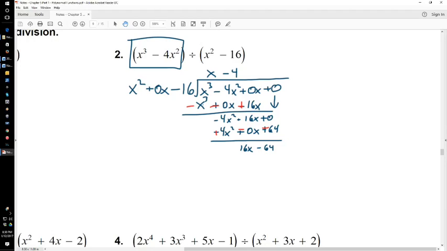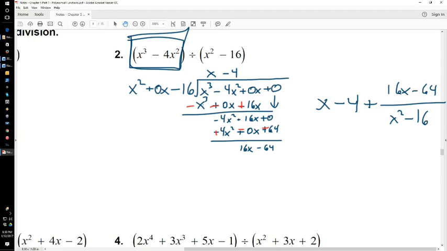But anyways, so x cubed minus 4x squared, that divided by x squared minus 16 is x minus 4 plus that remainder, 16x minus 64 divided by x squared minus 16.